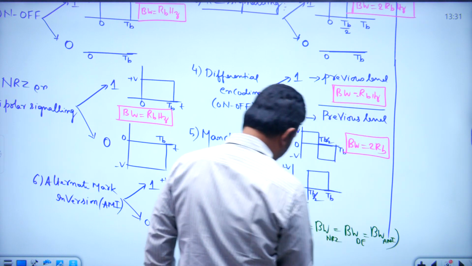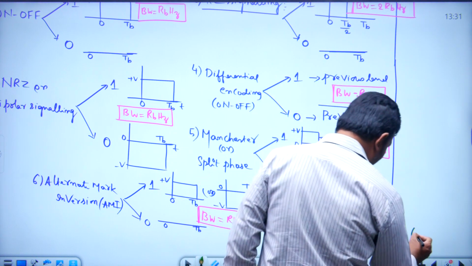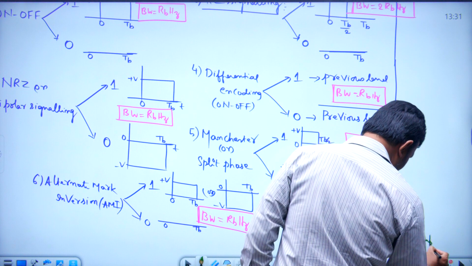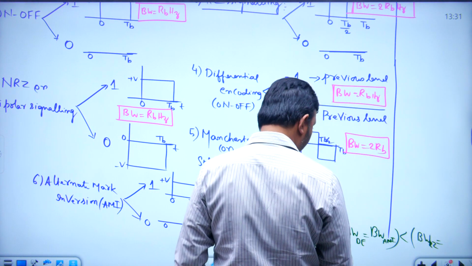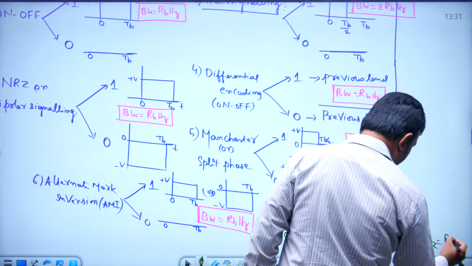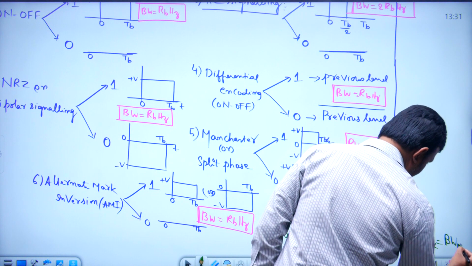Bandwidth of AMI is less than bandwidth of RZ, which is equal to bandwidth of Manchester or split phase.